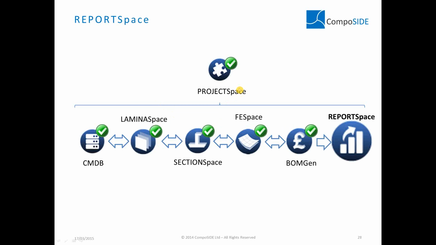What if you want to share the bill of materials with your external customer, manufacturer, or anybody else? This is quite simple. We can use another module in our application, the report space, which Ola is going to show in a minute. You can produce a report out of the bill of material document which has been produced.